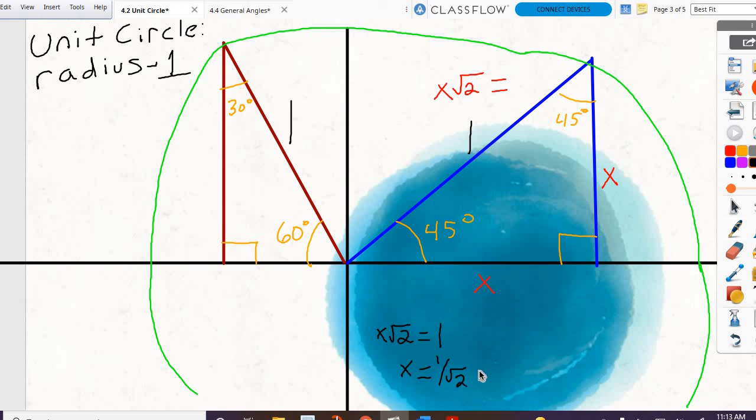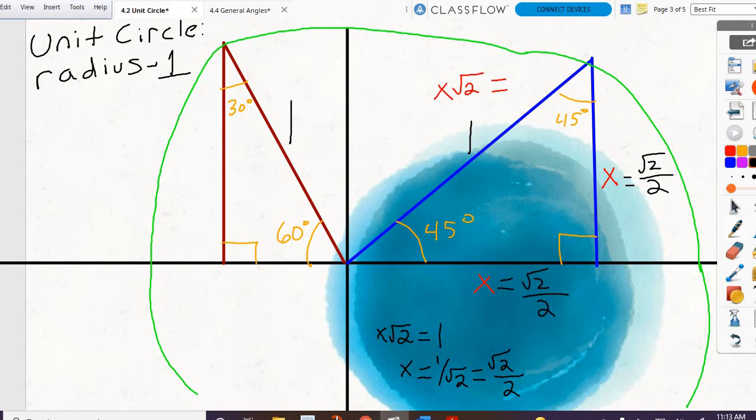And again, do we like to leave our square roots in the bottom? No. So we end up with the square root of 2 over the square root of 2, which means that both of these sides would have to be square root of 2 over 2. Agreed? Do y'all see how I got all of those values?